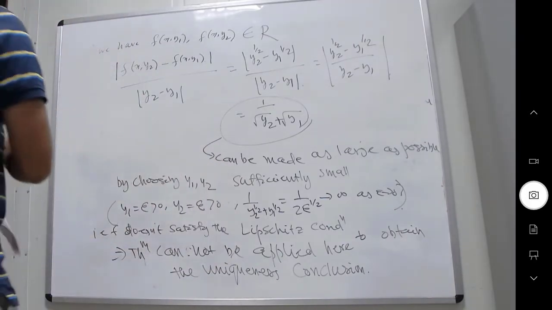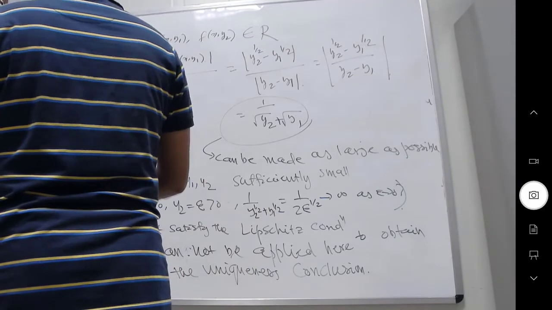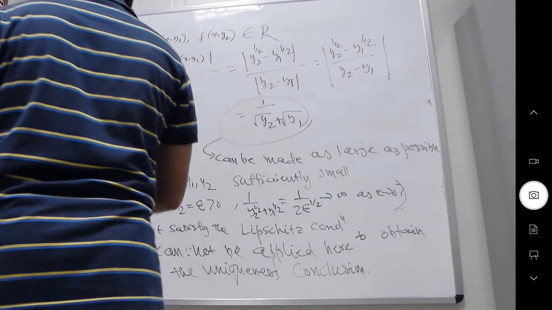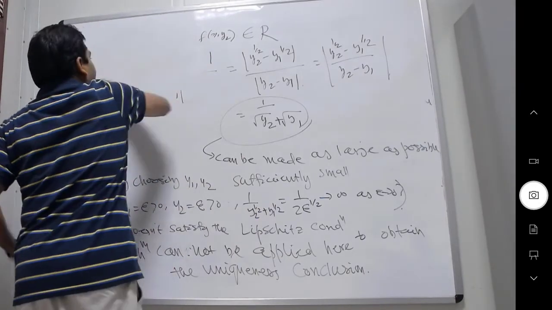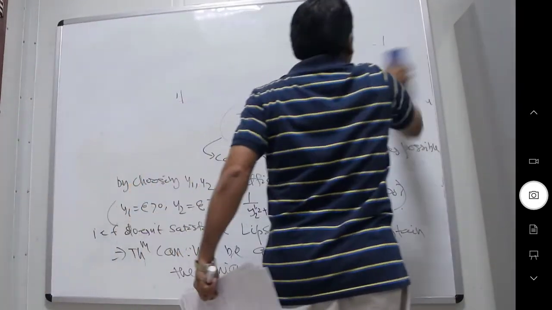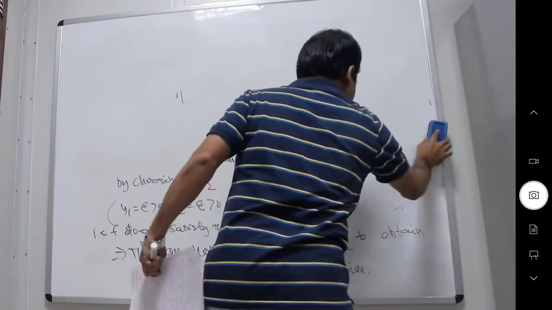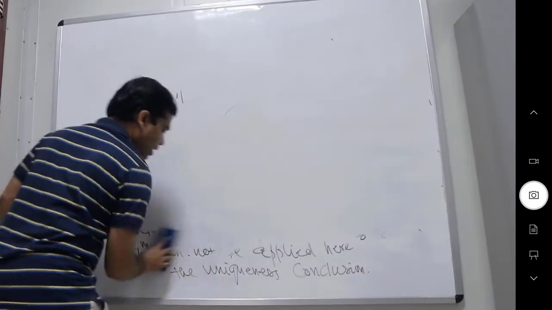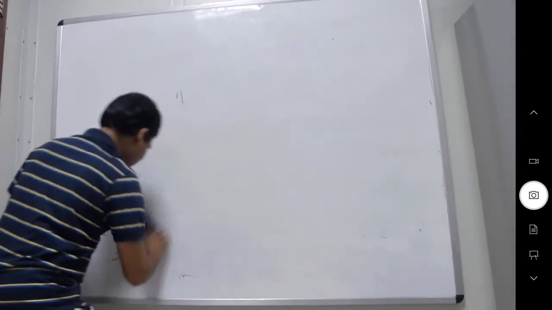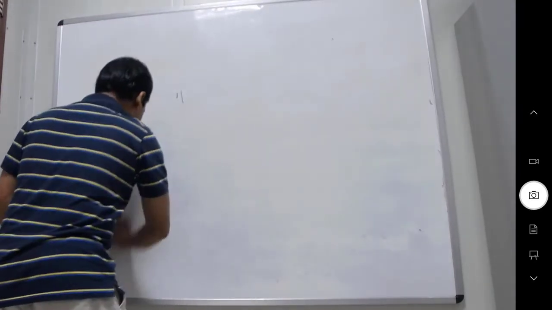So hence the failure of the Lipschitz condition does not imply non-uniqueness. As I told you, this theorem is also a sufficient condition. Even if the Lipschitz condition fails, that doesn't guarantee that the IVP does not have a unique solution.